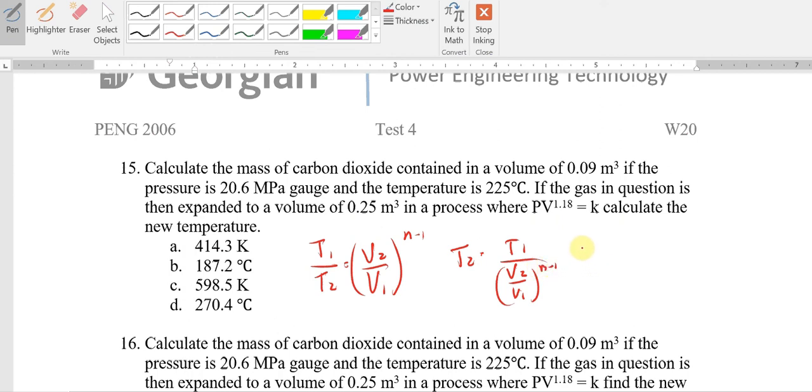We get 225 plus 273 over 0.25 over 0.09, and this is 0.18 there, and we get 414.3 Kelvin. So there it is right there. It just so happens that 414.3 Kelvin is 141.3 degrees C. Doesn't matter whether we have that or not.